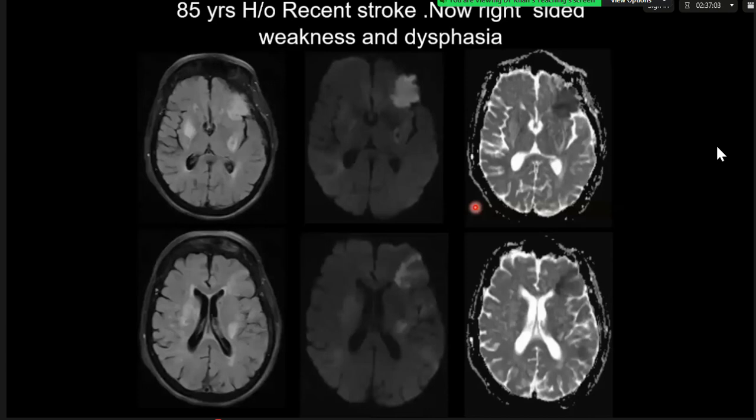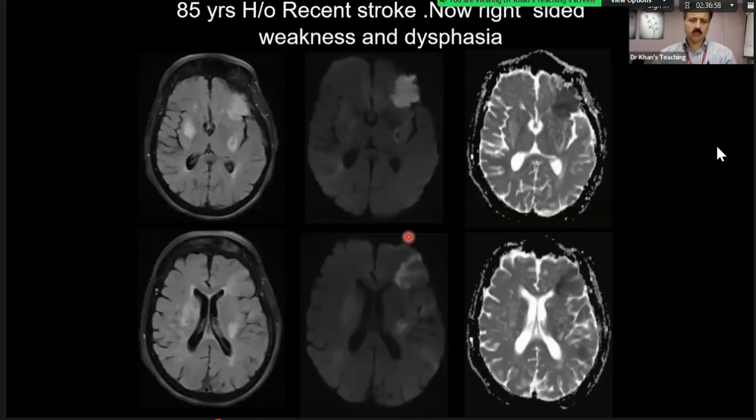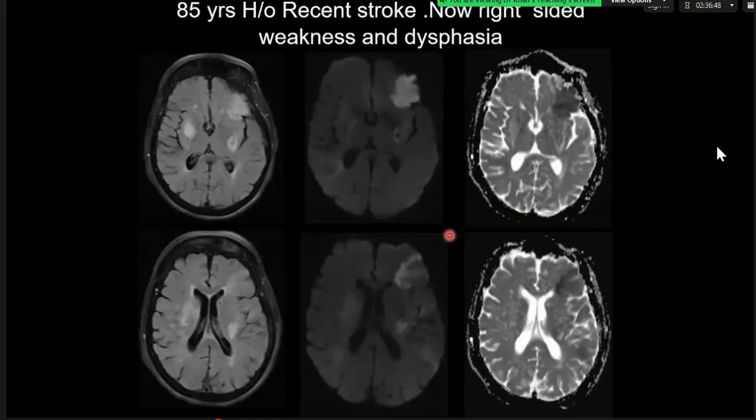Right. So do you think that we can see some evidence of the previous stroke? So, compare, let's say, this area with this. So there's slightly high, well, I would say slightly reduced DWI signal in the right lentiform nucleus and slightly high intensity there.